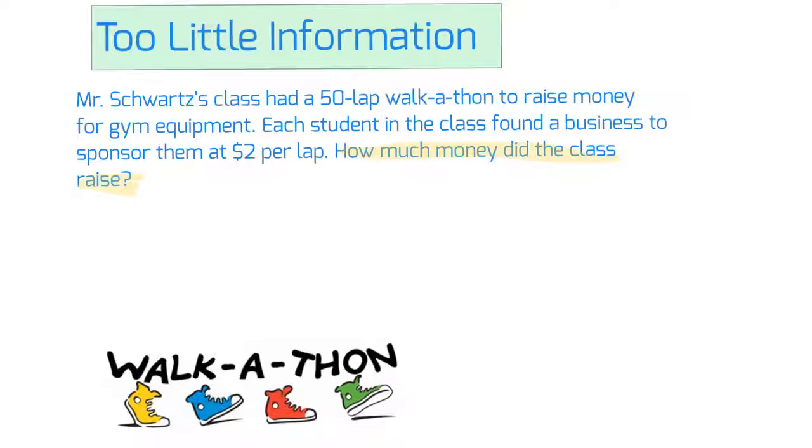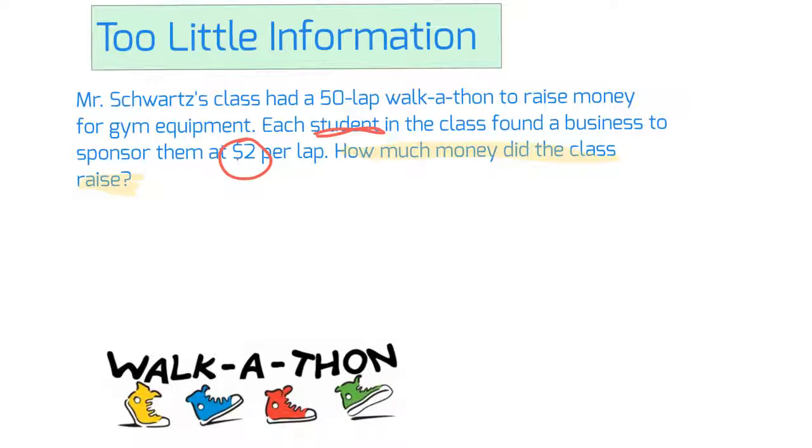In this case, we need to know the amount of money that they're sponsored, which we have been given. We know they've been sponsored with $2 per lap for each student, but we don't have everything that we need to solve this because we still don't know how many students there are in the class in order to multiply by the $2 that they each received for their laps.